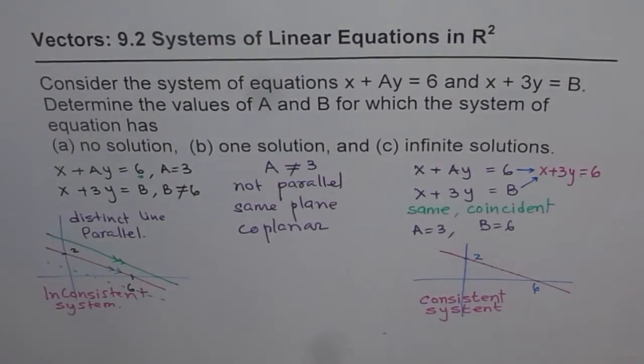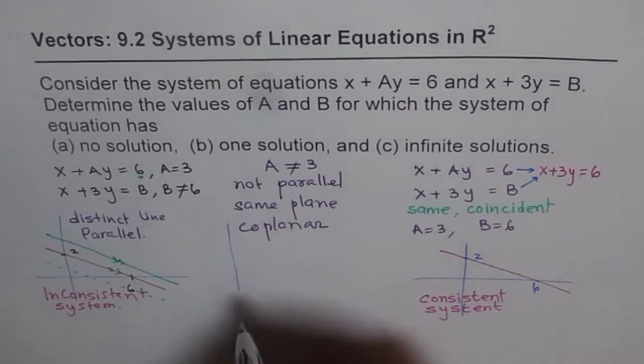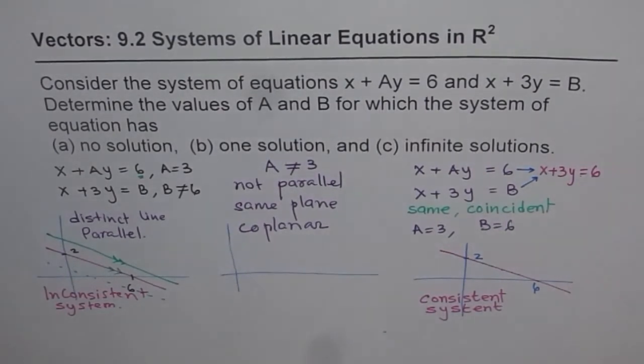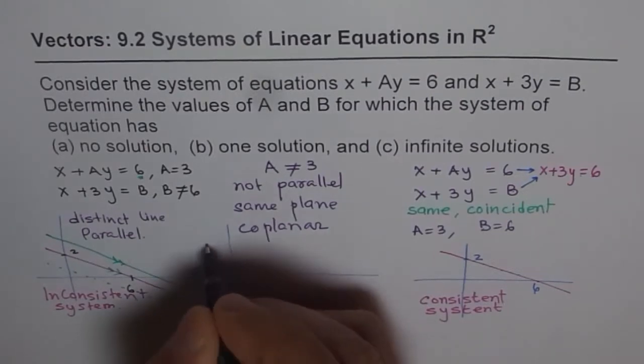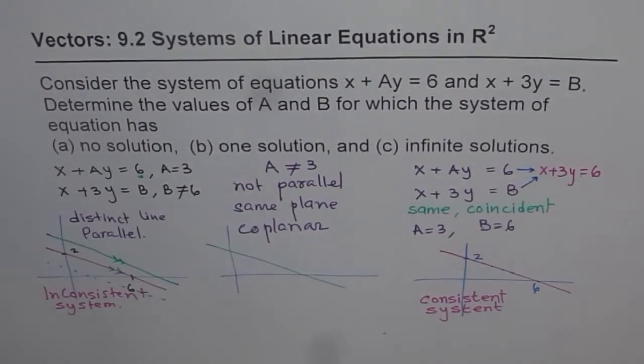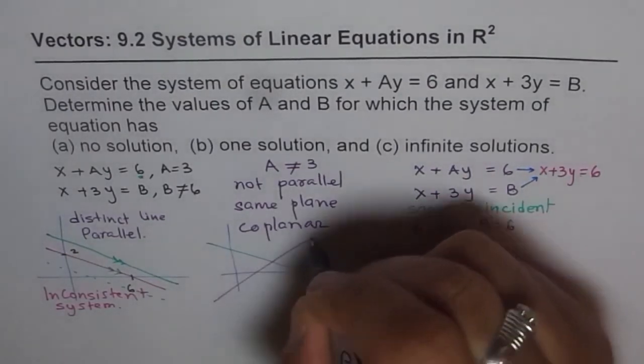So depending on the value of a and the value of b, you will have an intersection of lines. In that case, we can draw like this: a is not 3 for us, so b could be anything, right? So we'll maintain the other line here, let's say this. And a could be anything, therefore we can draw any other line, let us say like this.